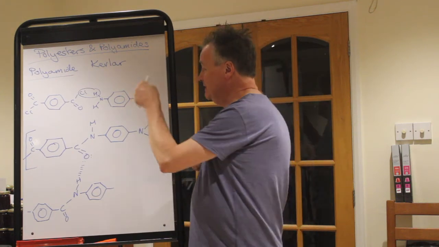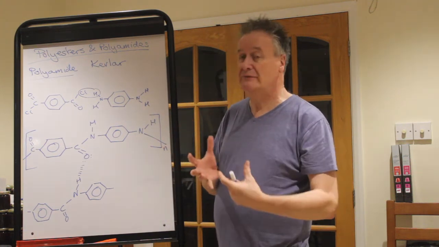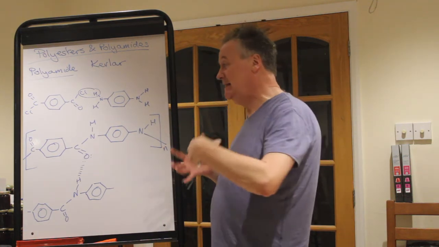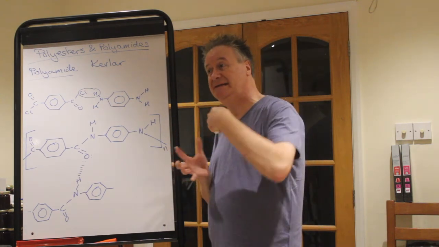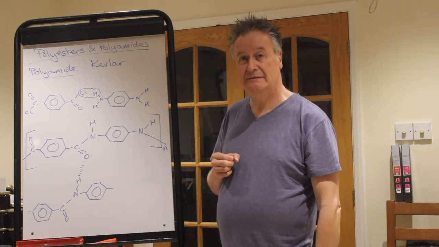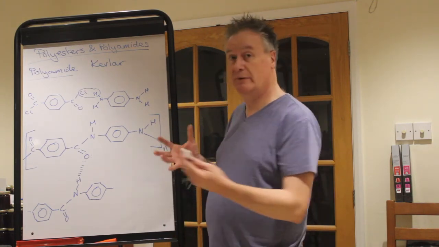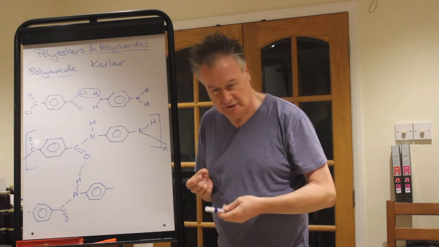You use the carboxylic acid and the amine and you let them react, but they don't react together. And then you heat them up, and having formed a salt, it then decomposes and forms the polyamide. You could form a nylon structure that way, and that is how they make nylon. Or you could form the Kevlar structure.